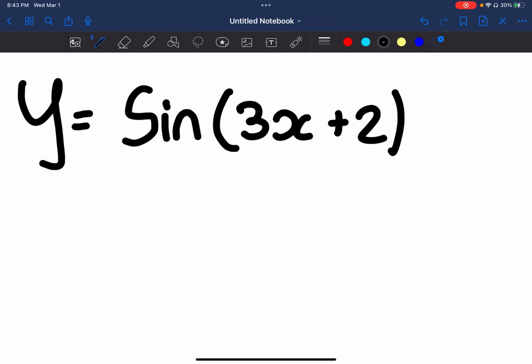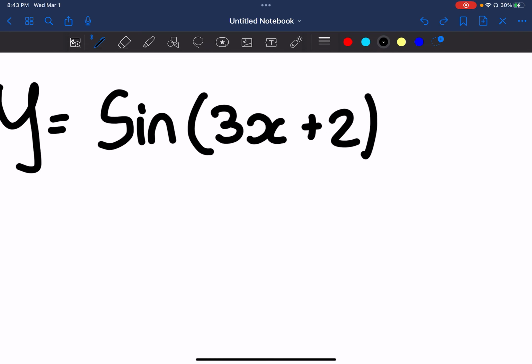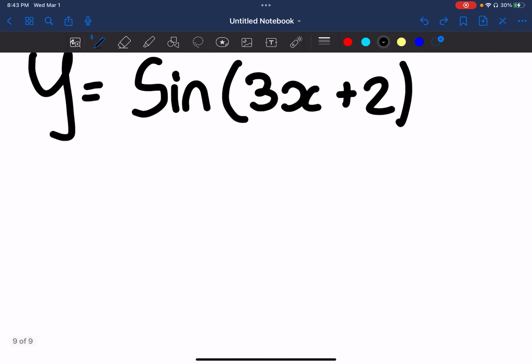And then how do we find the derivative of this? Well, actually, no, that's too easy. Sine 3x plus 2, and then we'll divide it. Actually, no, if we divide it, we might get some other trigonometric function. So we'll just leave it like that. Okay, right? This is equal to what now?